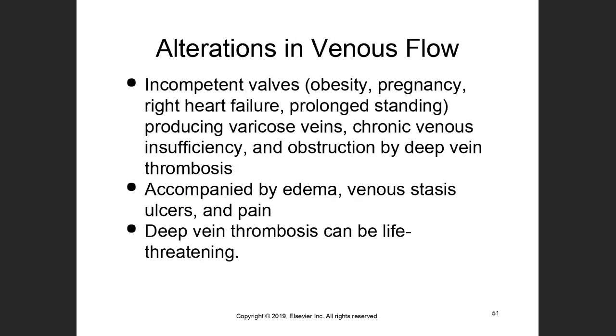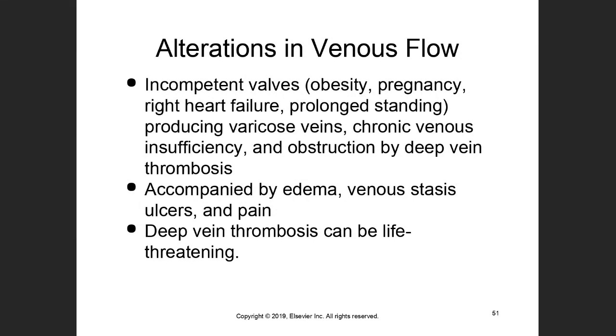Alteration in arterial and venous flow: incompetent valves, of course, due to obesity, pregnancy, right heart failure, prolonged standing, producing varicose veins, chronic venous insufficiency, obstructed by deep vein thrombosis, accompanied by edema, venous stasis, ulcer, and pain.